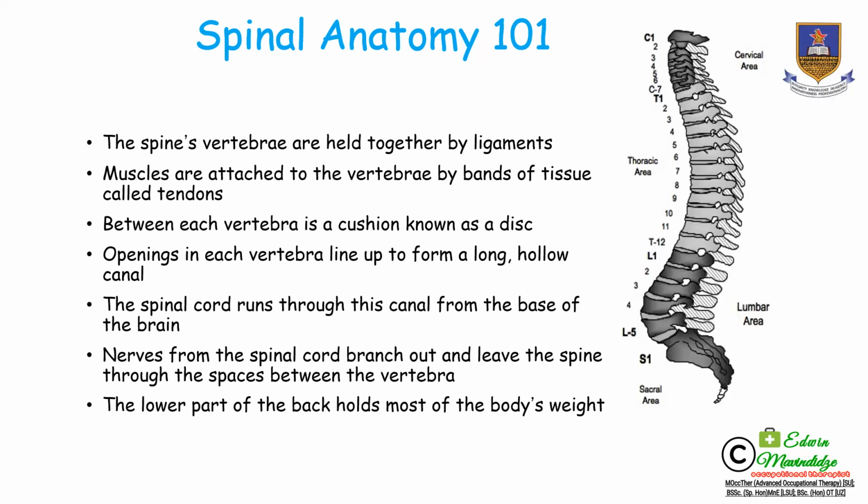Then sometimes, because of these forces, they might end up compressing the discs that exist between these vertebrae, which are shock absorbers. This may lead to compression of the spinal cord, which runs through the canal of the spine, and this might result in other neurological conditions in the worst case scenarios.